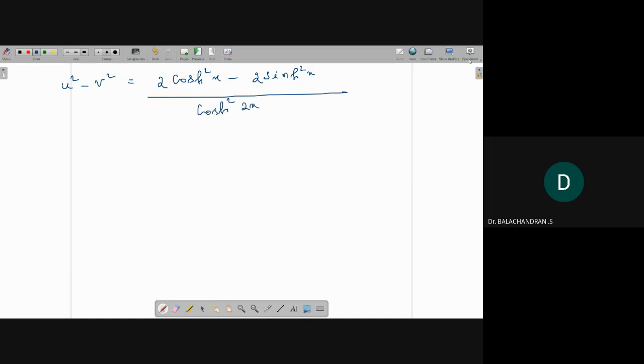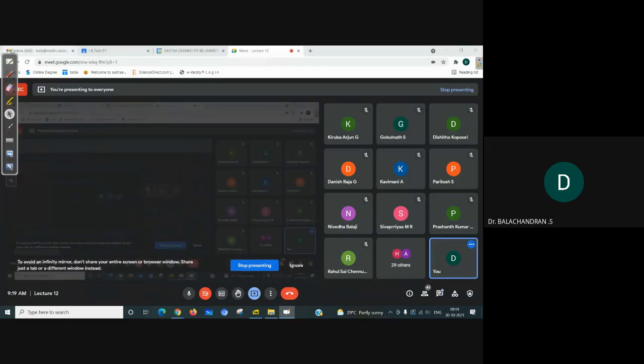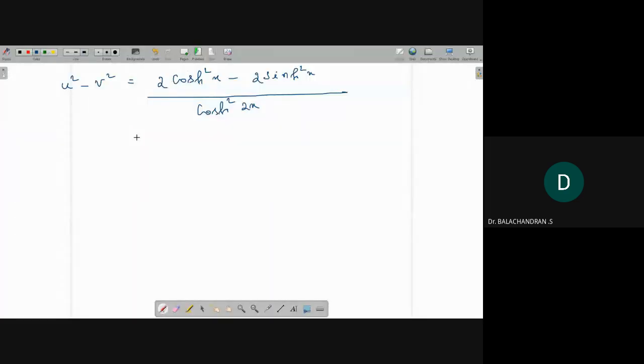Okay, thank you. So the numerator, I think you know this result. You are familiar with cos h square x minus sin h square x, that is 1. Also 2 divided by cos h square 2x.